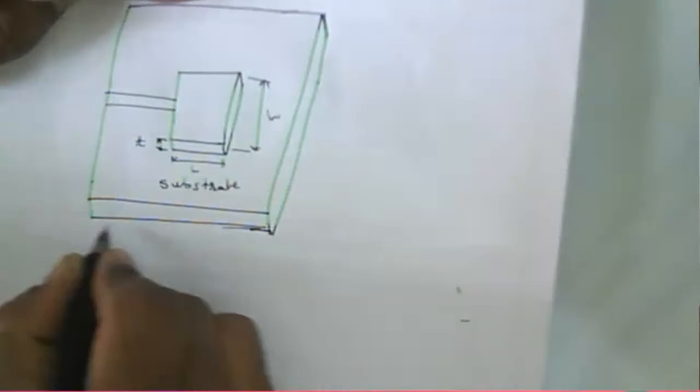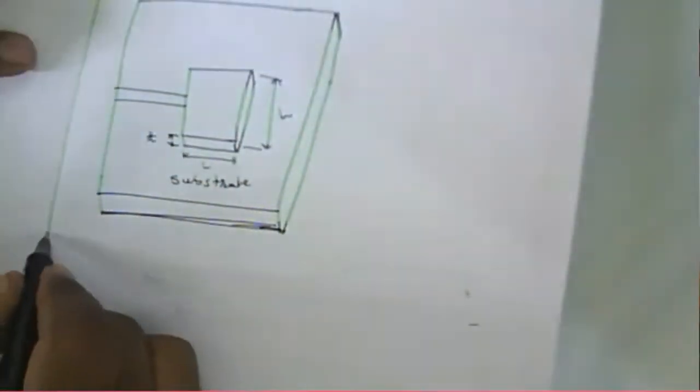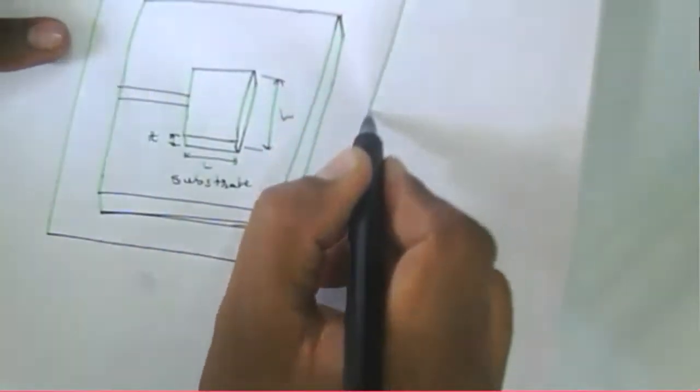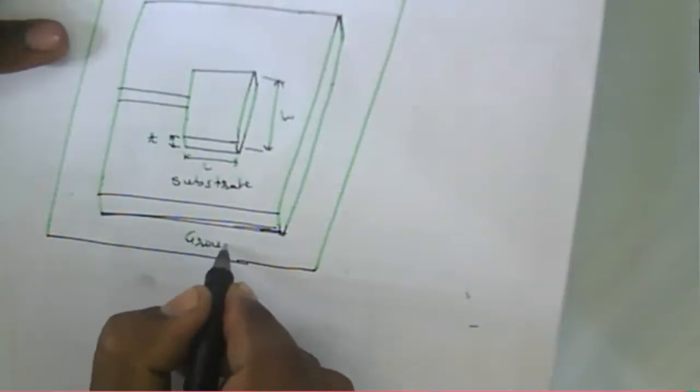Likewise, consider the substrate. This is the size of the substrate, the complete size of the substrate. And for this given antenna, we require a ground plane. This one is nothing but the ground.